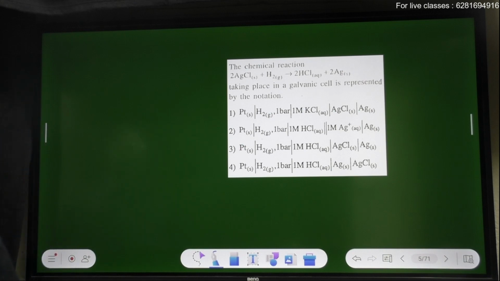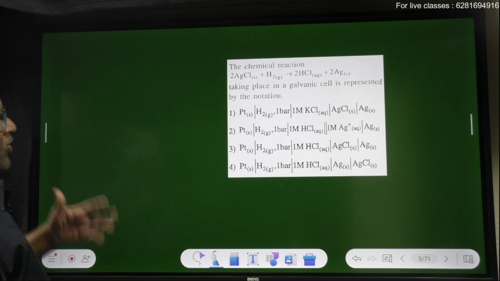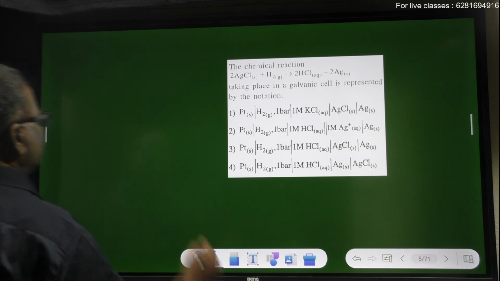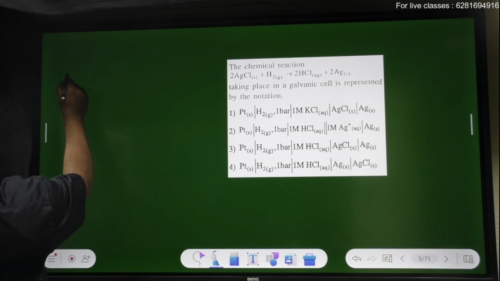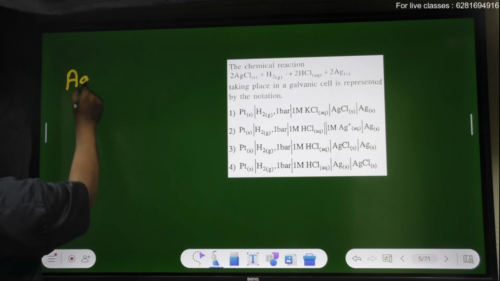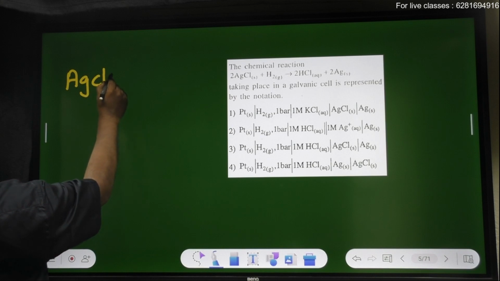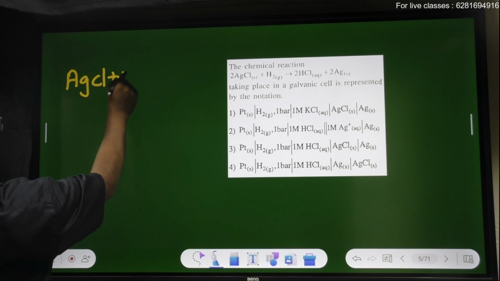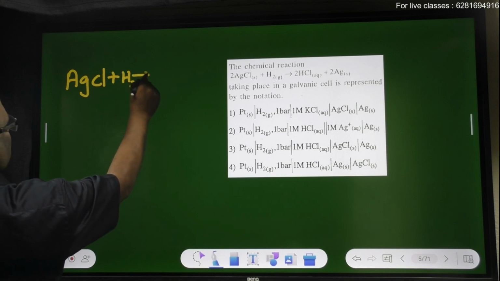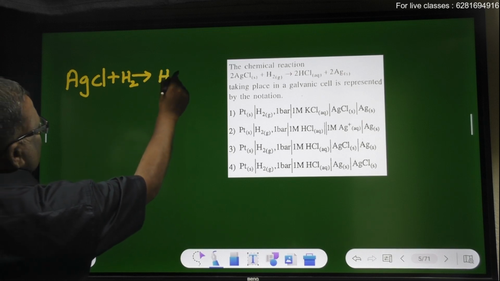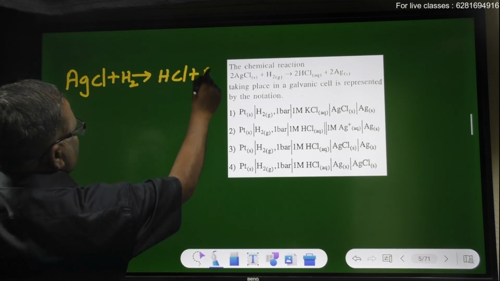So here the chemical reaction AgCl + H2 gives 2HCl + Ag takes place in a galvanic cell represented by the cell notation. Now they ask us to write the cell notation. So the cell reaction is AgCl + H2 gives HCl + Ag.